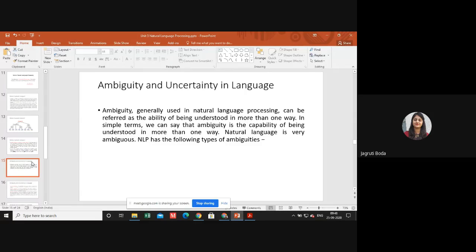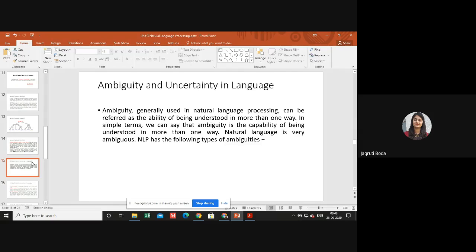Ambiguity, as generally used in natural language processing, can be referred to as the ability of being understood in more than one way. Suppose you give one sentence that has two meanings. Some understand one meaning and some understand a different meaning. So what is the exact meaning of your sentence? How can the system understand? These are the challenges of natural language processing.